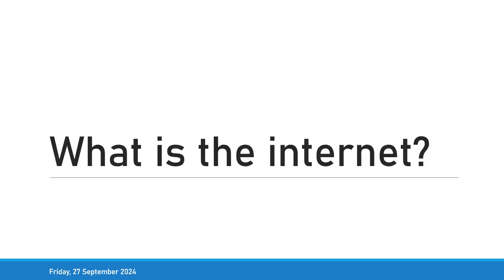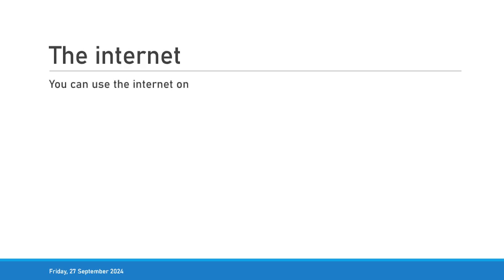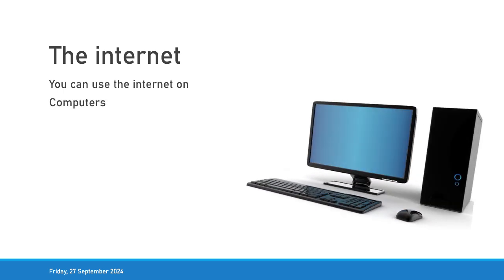Before we begin talking about how these messages or images are actually transported from one device to another, we need to understand what the internet actually is. The internet is something that we are using on so many different devices now.